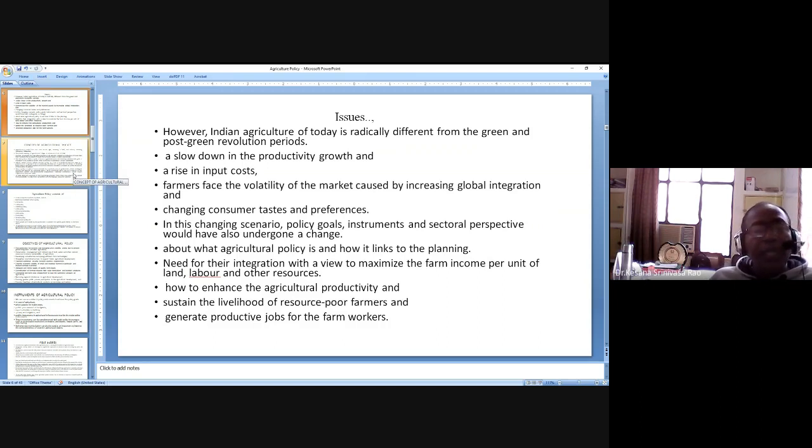There is a need for their integration with a view to maximize farm income per unit of land, labor, and other resources. Fundamentally, what we can see is how much income the farmer is in a position to earn while cultivating his piece of land.